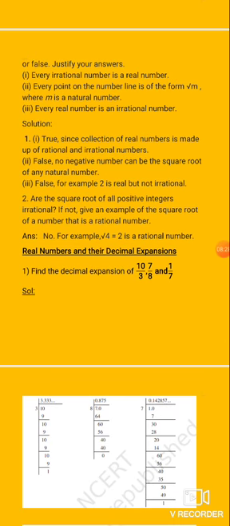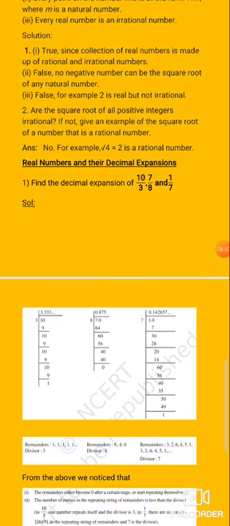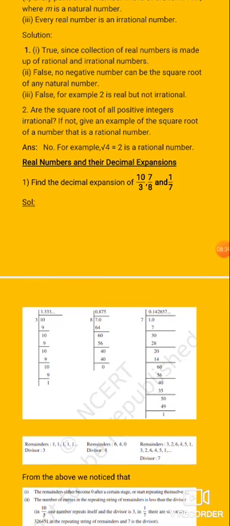Some numbers are given, so the divisions are given. You need to divide, find out the quotient and also the remainders. Listen, the remainder in the first case: 3 times 3 is 9. When you subtract, 10 minus 9 is 1. After that we put 10, 0.